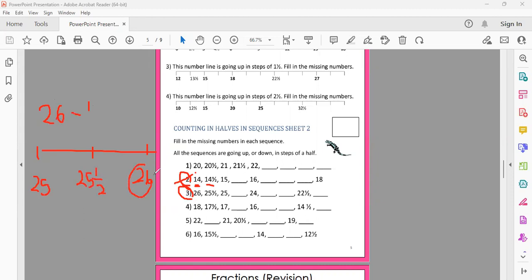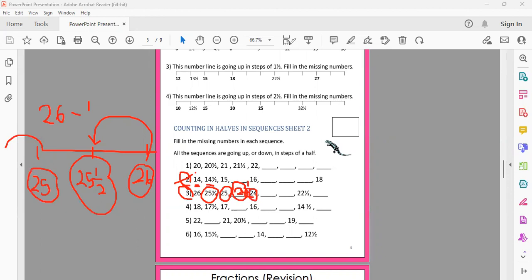So from 26, if I went back half, I'm going to reach 25.5. And after that, I'm going to reach 25. You see that? So what do you think will be here? After this 25, it is going to be 24.5. You understand? Then only it will reach 24.